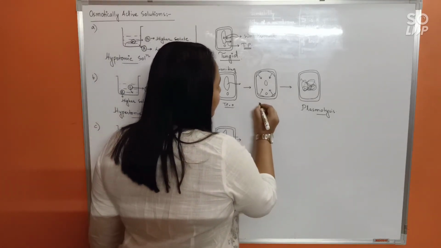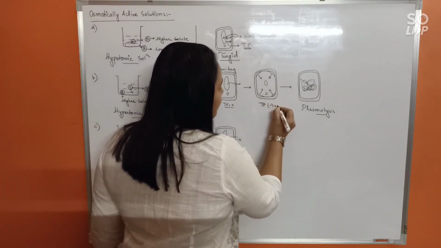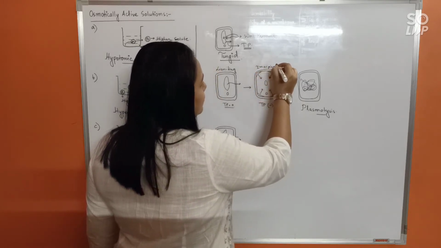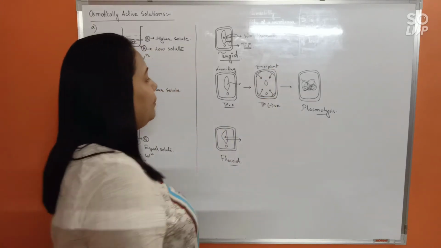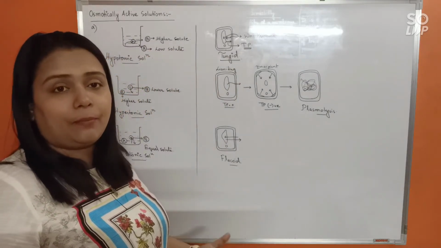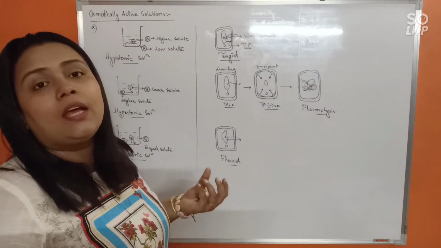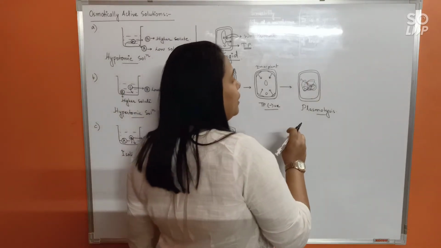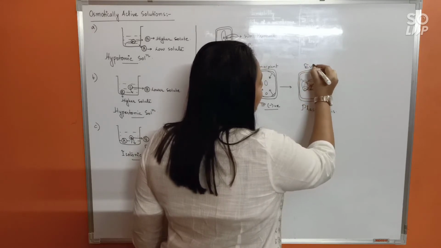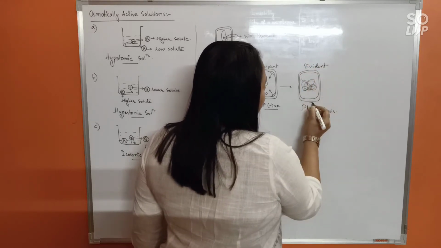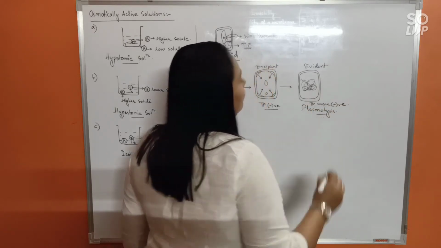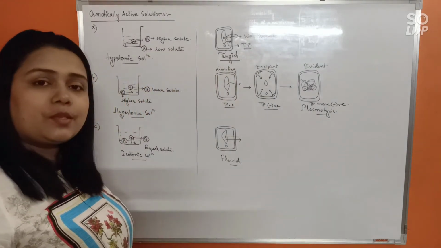This is the second step when Tp becomes negative, and we call it incipient plasmolysis. And finally, when the entire water has run out, this is the last step when the whole protoplasm has undergone shrinkage and it has gathered at the center of the cell. This is the last step called evident plasmolysis. Here Tp further becomes more negative. Alright, so understood this? Fine.